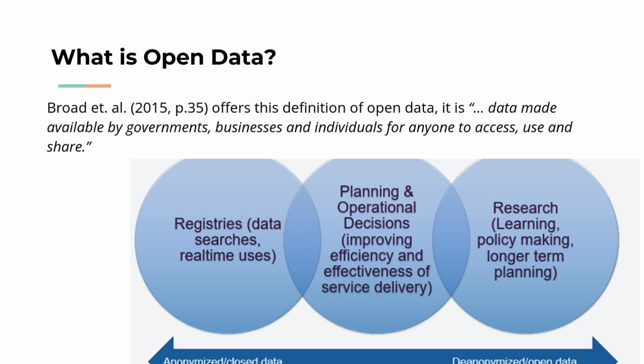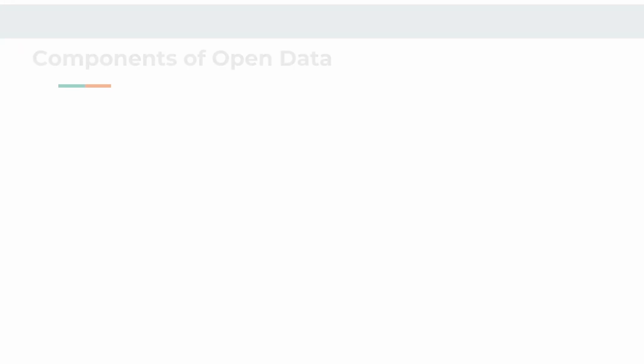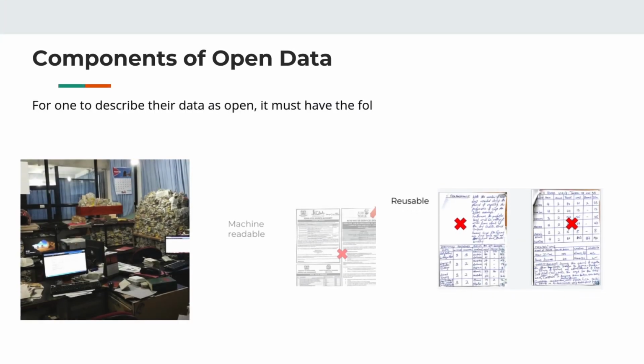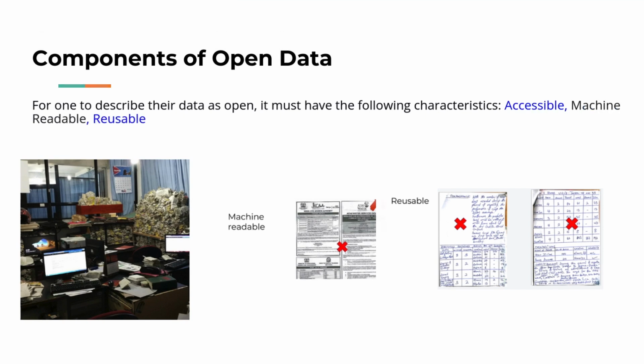And it's as simple as that. Now, what are the components of open data? For one to describe their data as open, it must have the following characteristics. It has to be accessible, it has to be machine readable, and it has to be reusable.